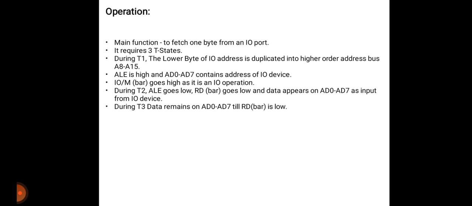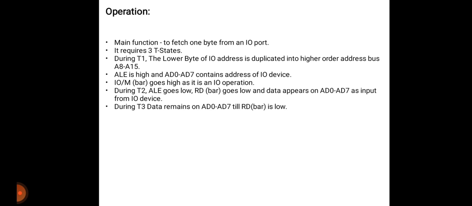During T1 state, the lower byte of the input output address is duplicated into the higher order address, that is A8 to A15. ALE is high, means 1, and AD0 to AD7 contains the address of the input output device. Then IO by M bar goes high, means logic 1, and it is an input output operation.